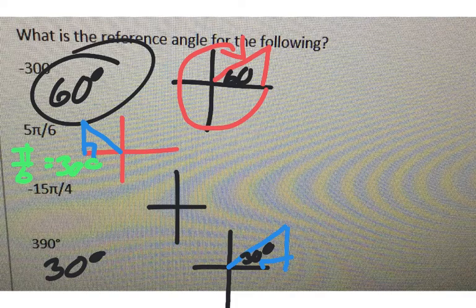To be 1 away from negative 4 pi means I'm here. And so I know negative 15 pi over 4 is going to put me in the first quadrant. If I wanted it to be negative 4 pi or negative 16 pi over 4, I would need to go another pi over 4 radians, or 45 degrees.